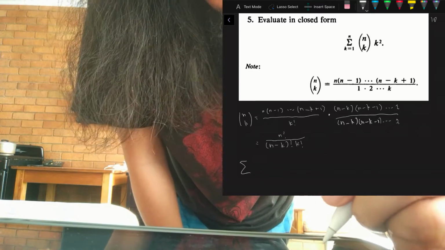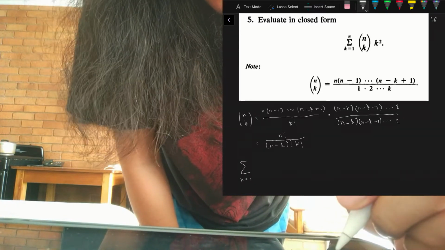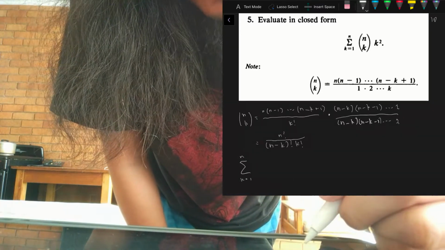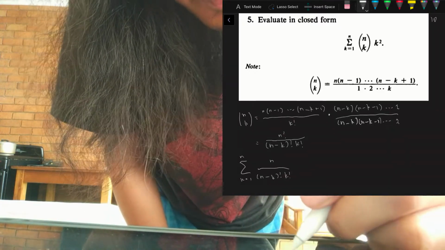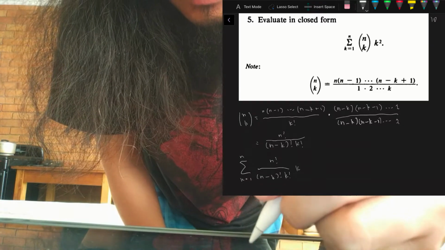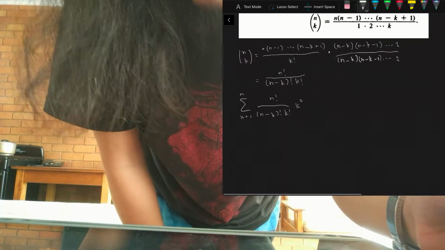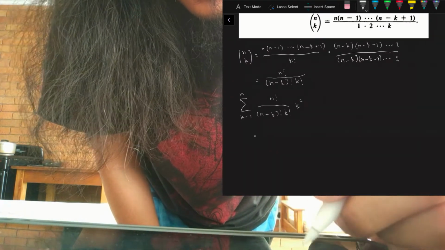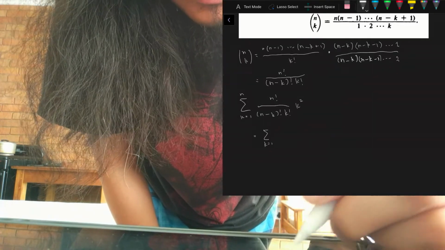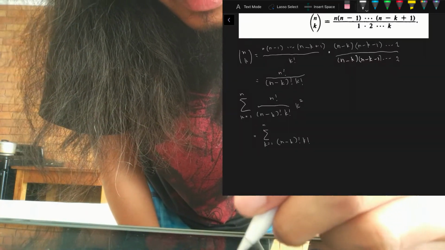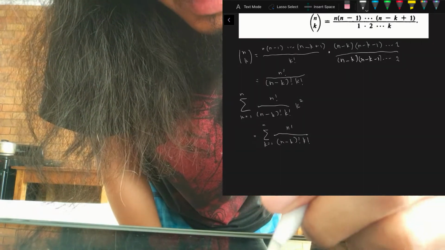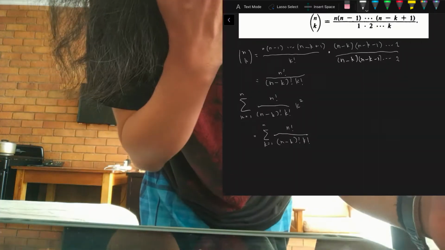We're evaluating the sum of k equals 1 to n of n choose k, which we write as n minus k factorial, and then n factorial in the numerator multiplied by k squared. What we can do here is, so sum k equals 1 to n of n minus k factorial multiplied by in the numerator n factorial.